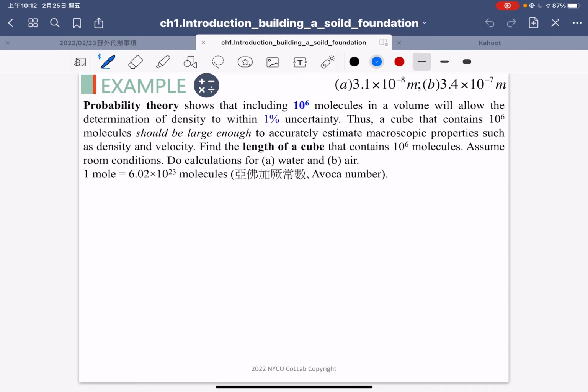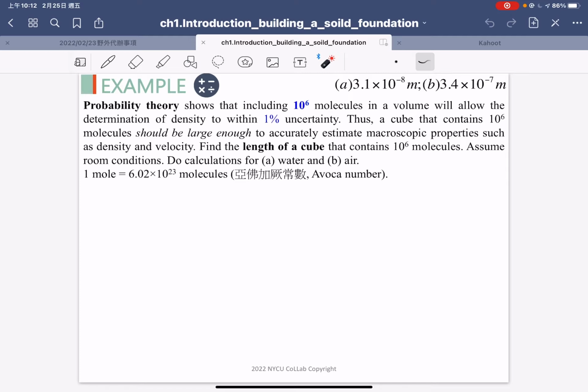Okay, so on Wednesday, we have an exercise and we try to practice for this exercise, and the material is water. What is the purpose of this exercise?